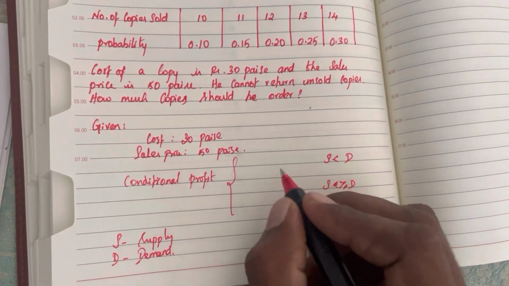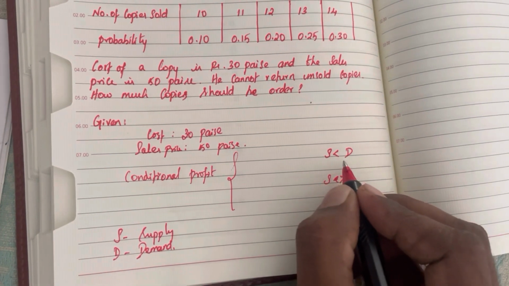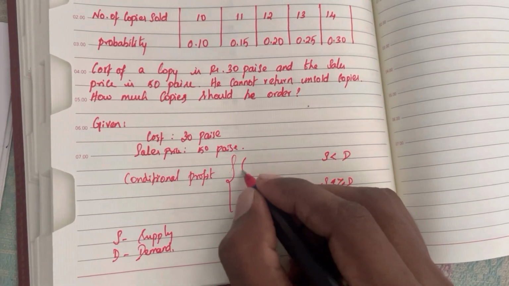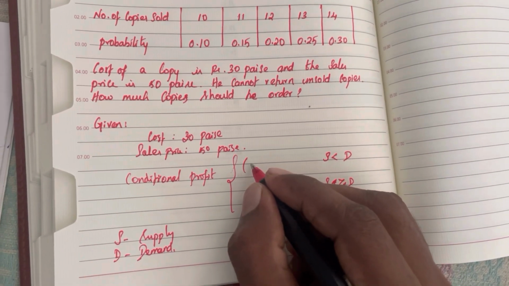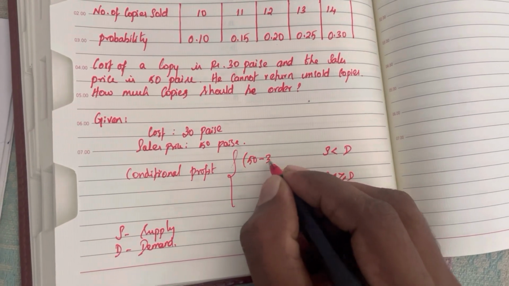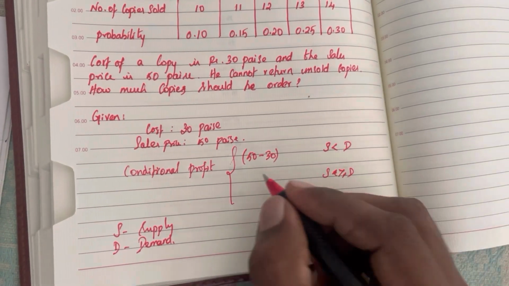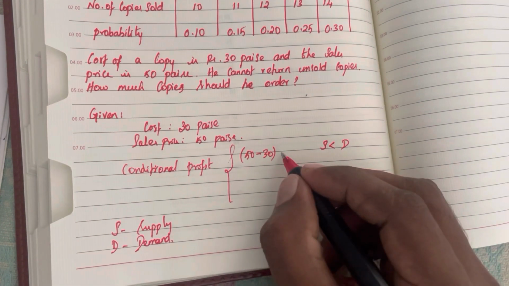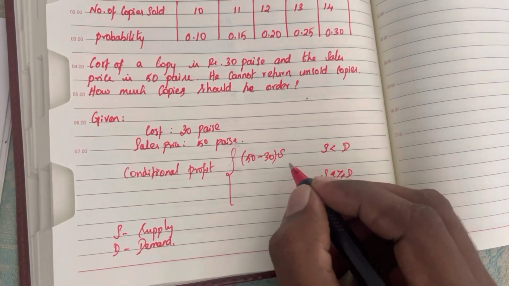When supply is less than demand, you will be selling at 50 paise and buying at 30 paise. So this is a profit, multiplied by the total supply, and that is the total profit.